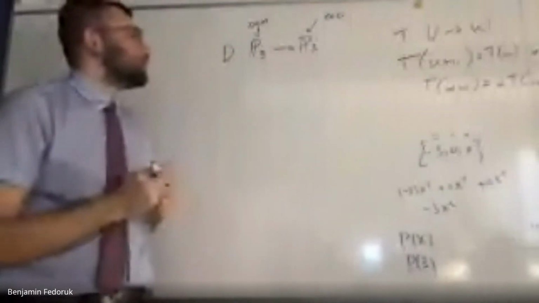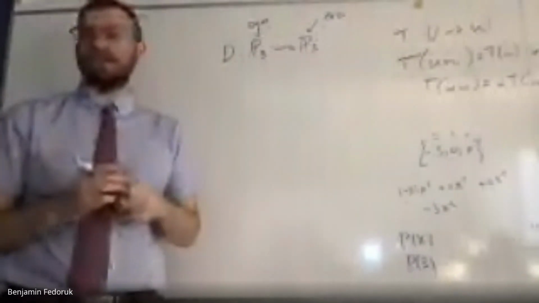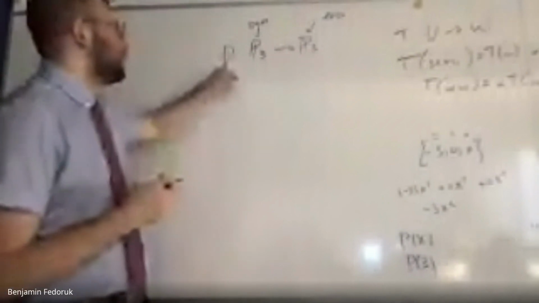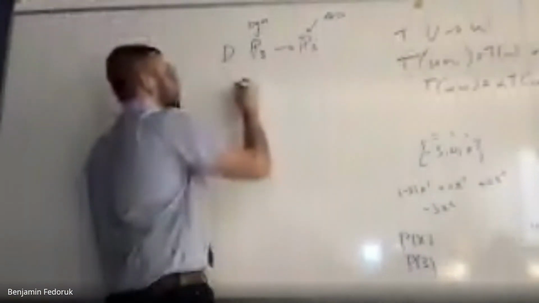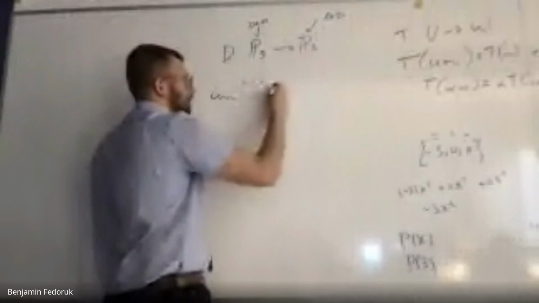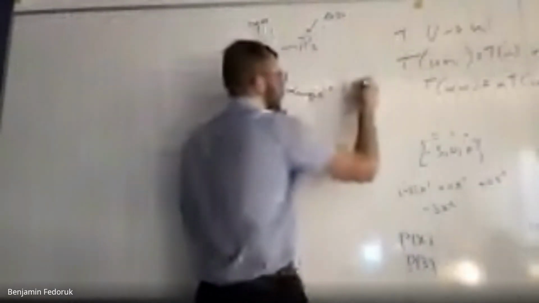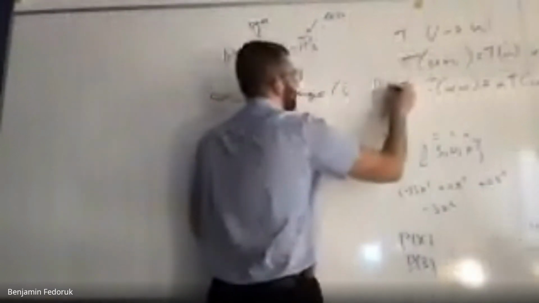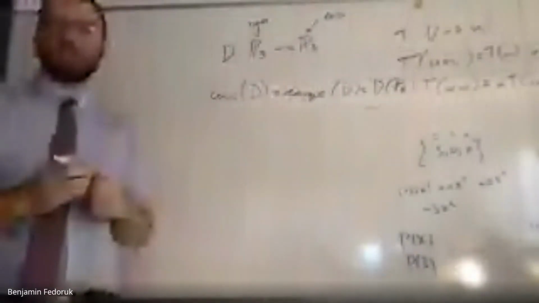The image is kind of like, in reality, what is it actually going to hit? What are all the things that D could possibly reach? There's a few different notations, either Im of D, or range of D, or sometimes you'll just see D of P3. Any of those are reasonable.